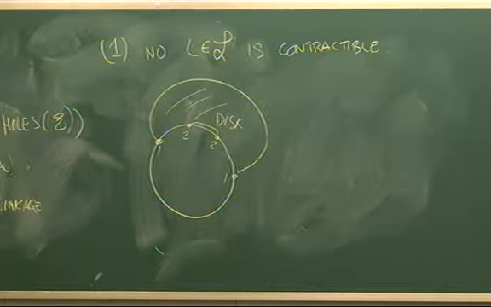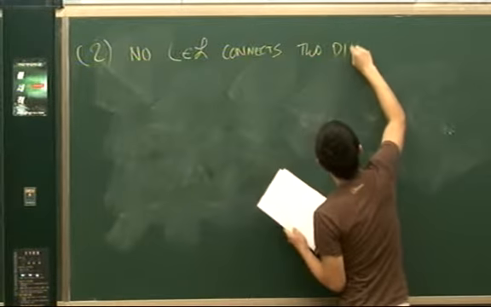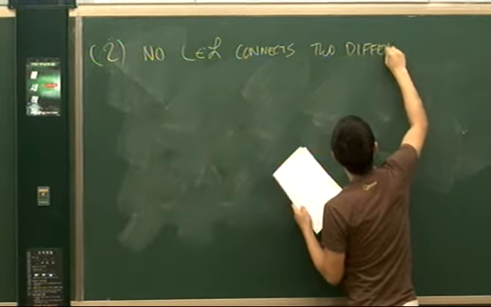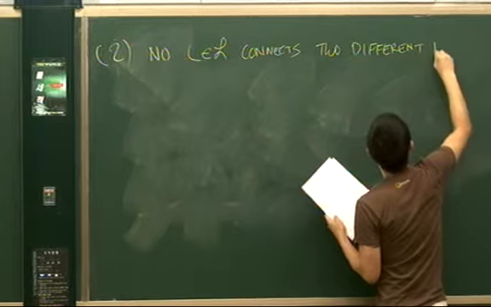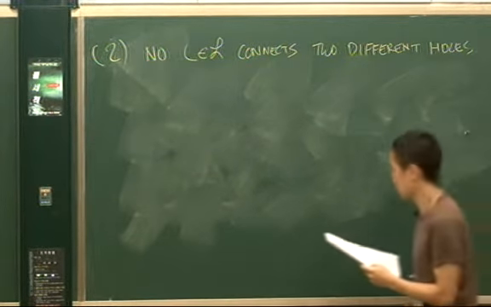The second thing is that no linkage path connects up two different holes. So why is that the case?